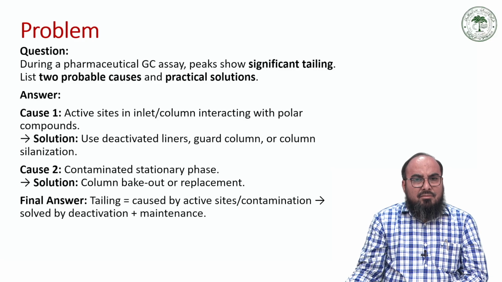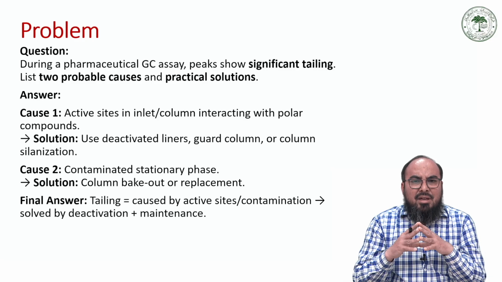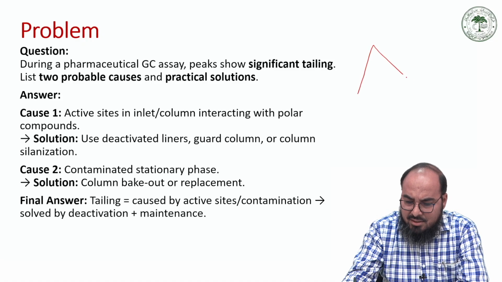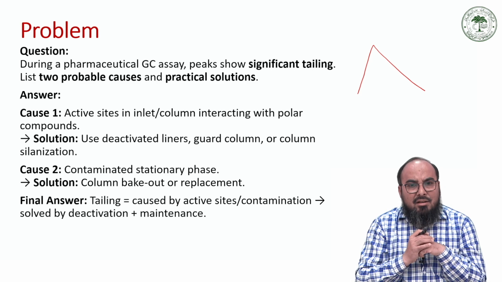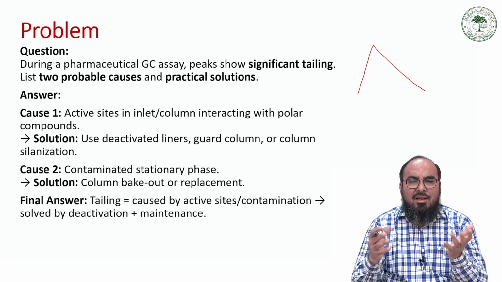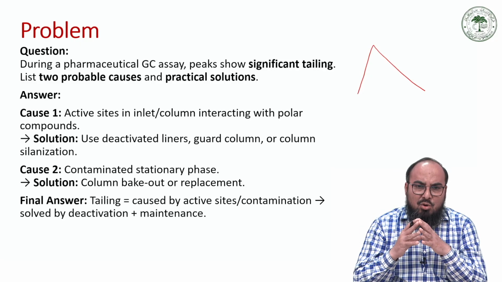So another problem: during a pharmaceutical GC assay, a peak shows significant tailing. If tailing is occurring, what are the probable causes and what are the solutions? We have to locate the causes first and then check for the solutions.